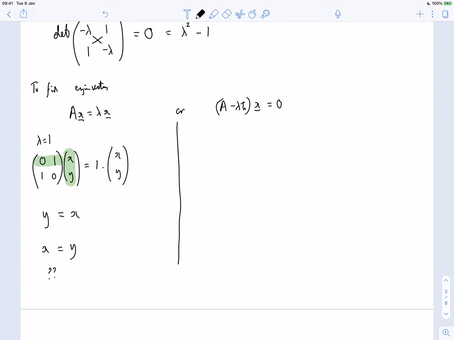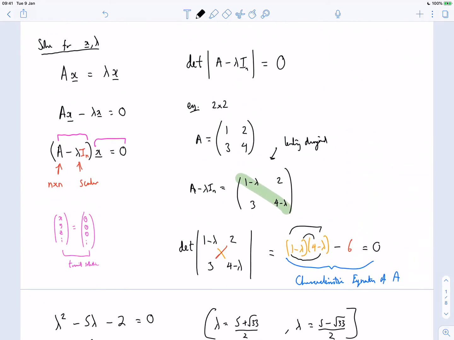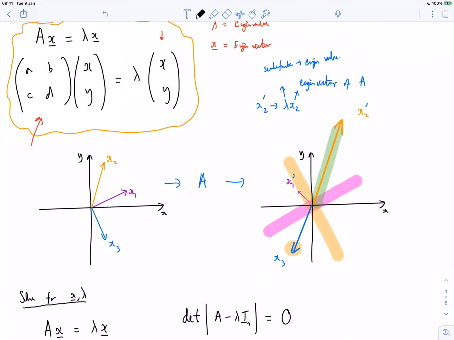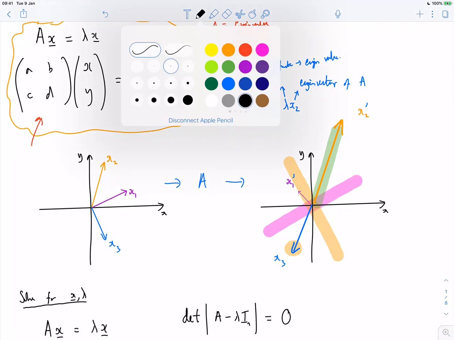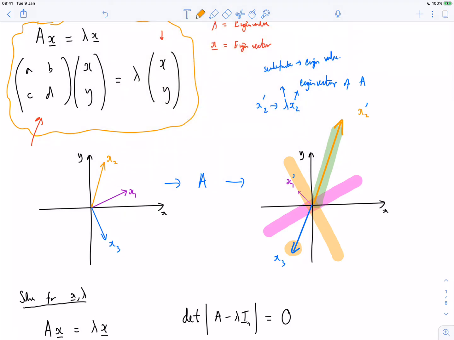What does that mean? Well, remember, you're finding vectors that don't change direction, only get scaled up after this transformation. So that means they're not unique. For example, I could have had x2 being only that long, or I could have an x2 being that long, and so on. Or I could have had x2 in the opposite direction, but still parallel. The point is, I can have any scalar multiple. It's only the direction, the orientation of that vector, that really matters.